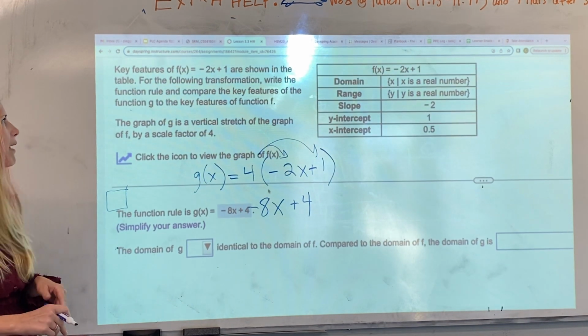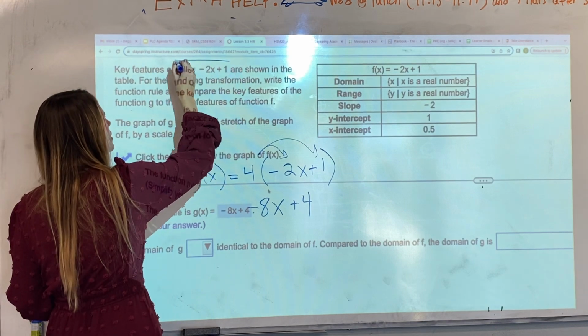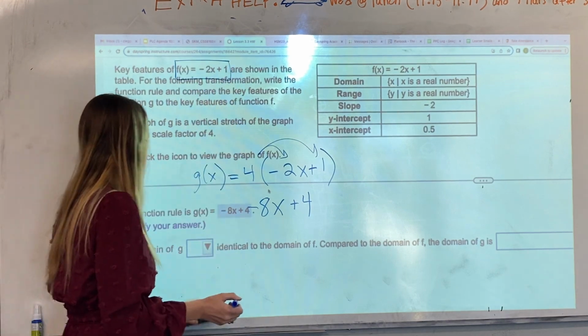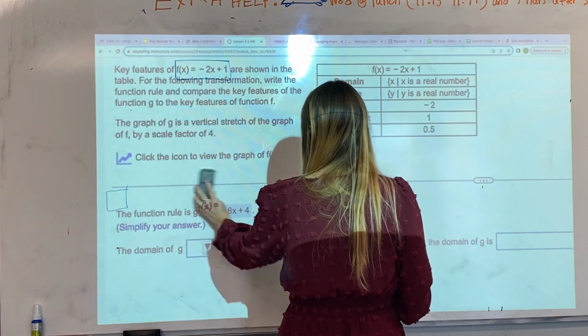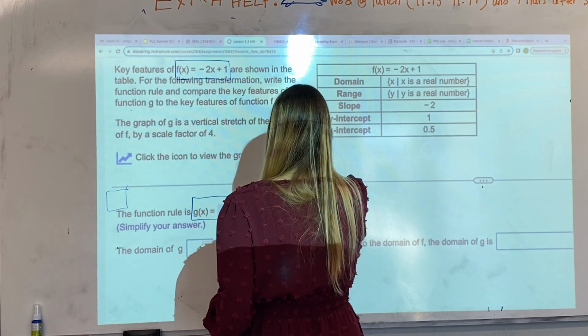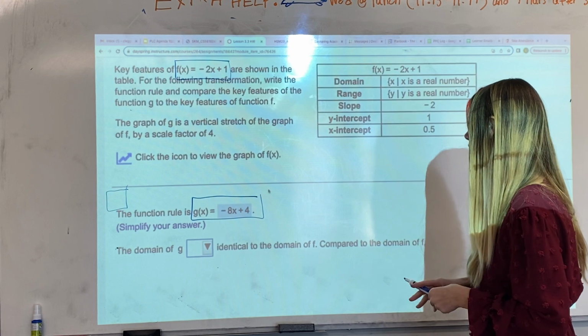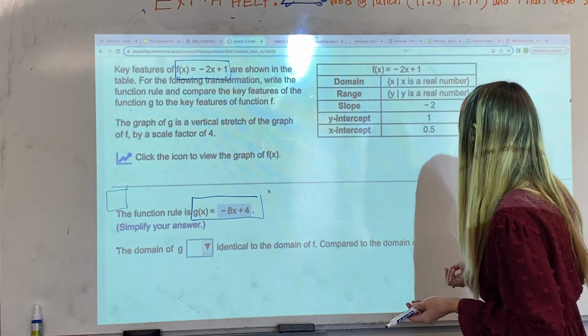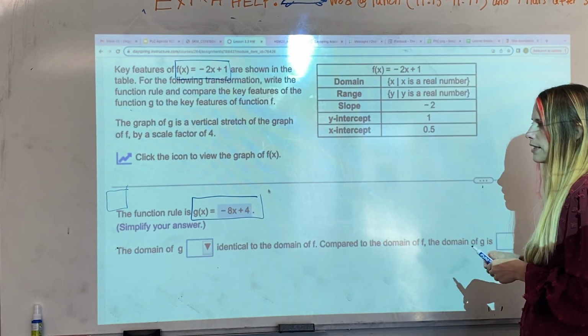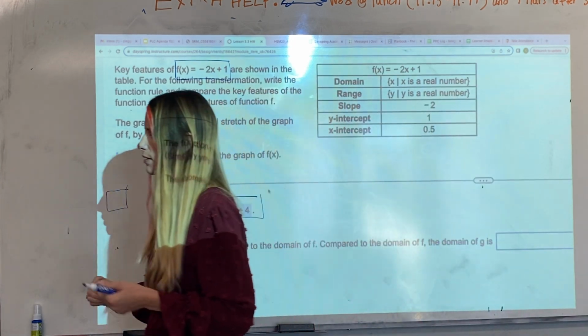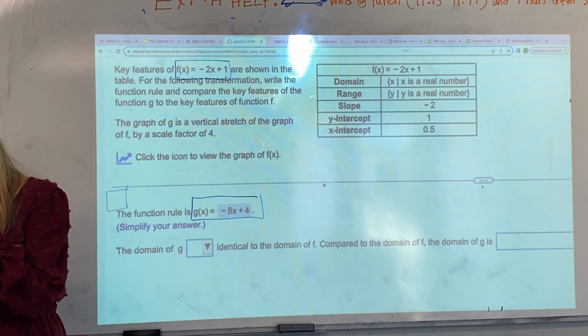So now we are comparing this function with this function. It says the domain of g, is it exactly the same or is it totally different? No, same. They are the same. Let's look at the graph.